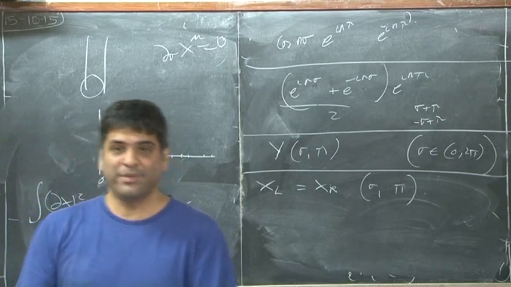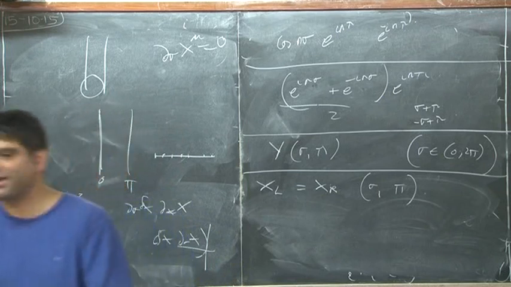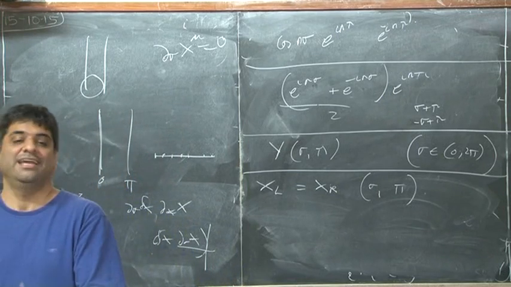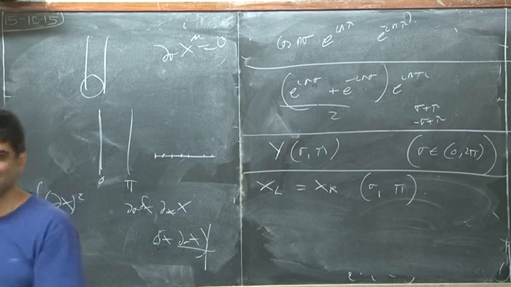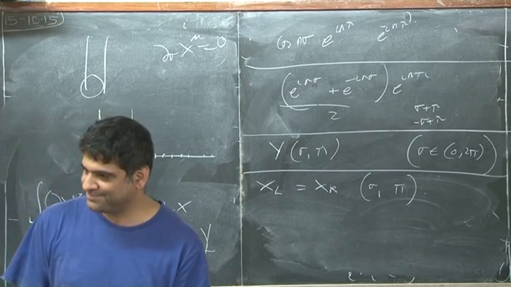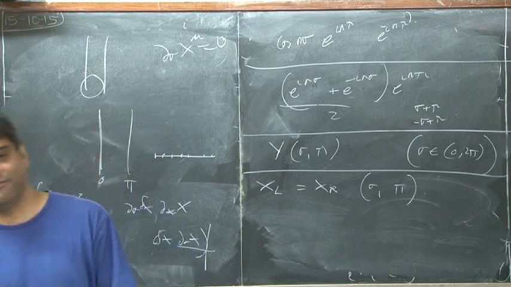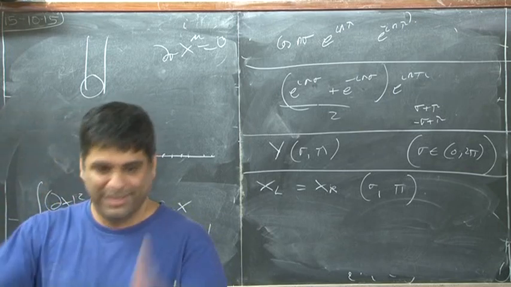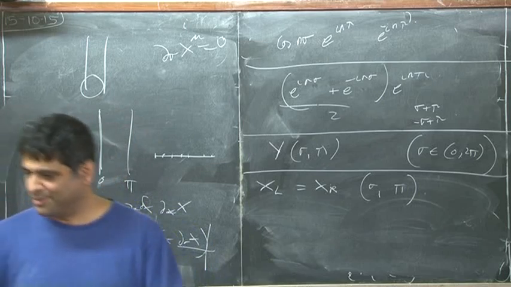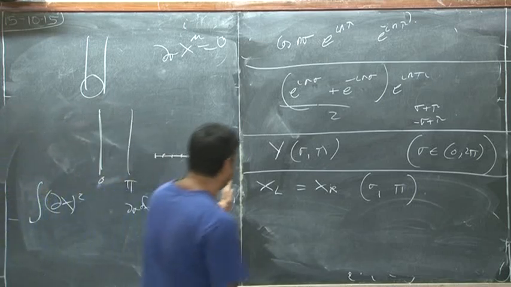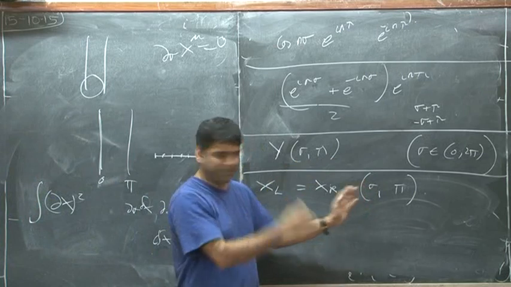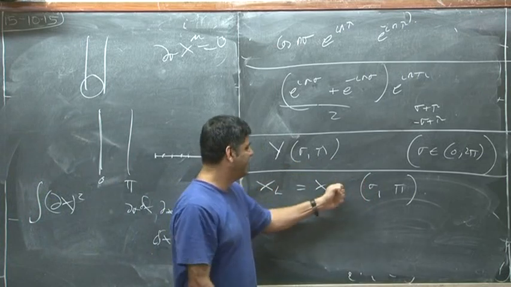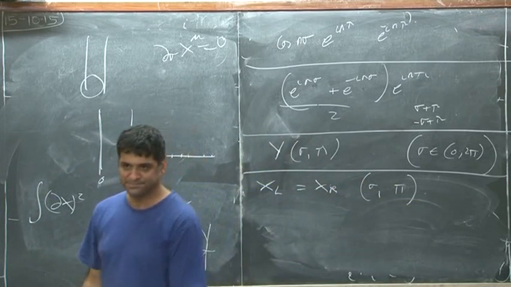Okay, so we get the condition that x left prime minus x right prime is equal to 0 at sigma equals 0 or at sigma equals pi. Okay, and if I have two functions whose derivatives are equal everywhere, up to a constant, they're just equal. So up to some zero mode business which we take out separately, the left and the right parts are just equal.